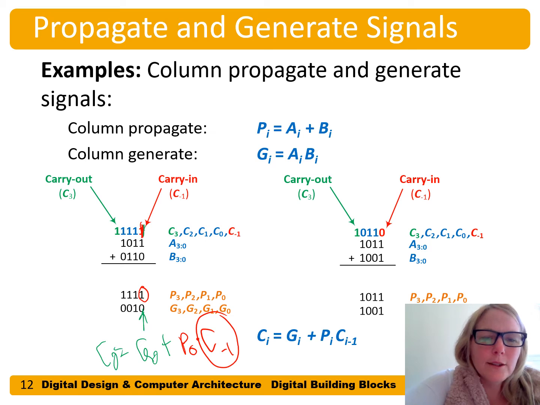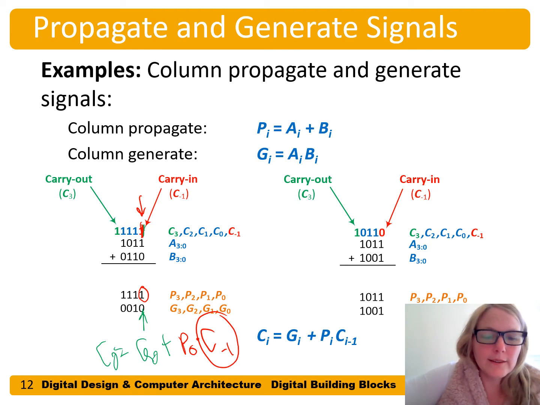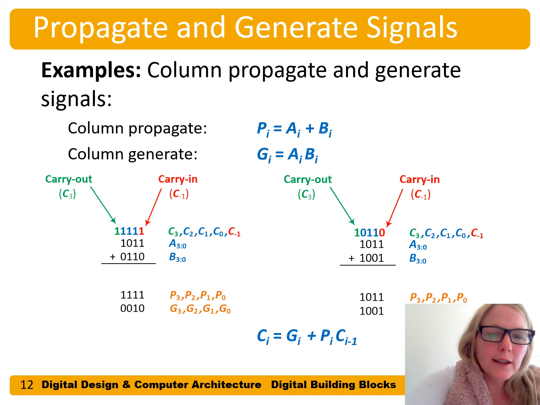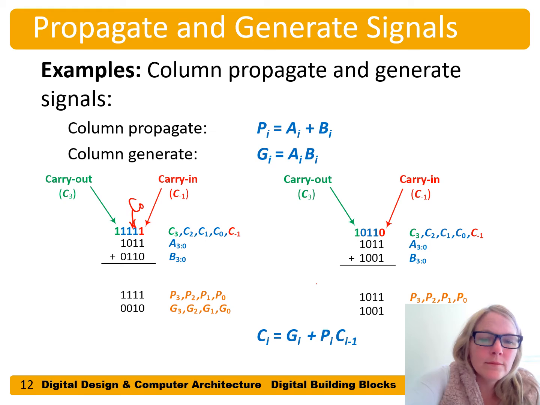We happened to just choose that carry in to be 1. And so that's how we got this carry out. That's what caused this carry out, C sub 0. Remember that is the carry out of column 0, carry in to column 1. This is column 1, this is column 0, 2, and 3.